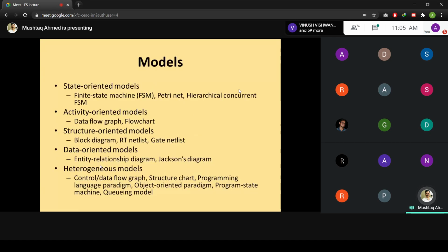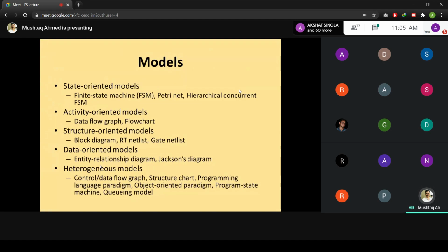While making the model, there are various types of models, and category wise we can divide them into different categories. As stated, state transition diagrams or state diagrams, तो finite state machine आपका इसमें है, patinate है, hierarchical concurrent machine का है, so finite state machine is a simplified way of representing this.